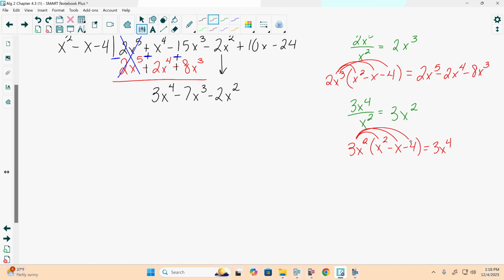And again, like before, we're going to distribute this out. 3x squared times x squared is 3x to the 4th. 3x squared times negative x is negative 3x cubed. And 3x squared times negative 4 will be negative 12x squared.